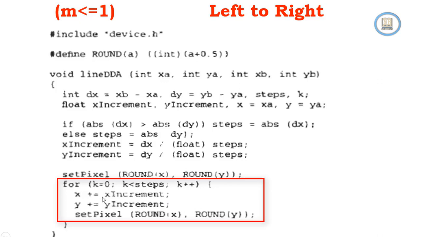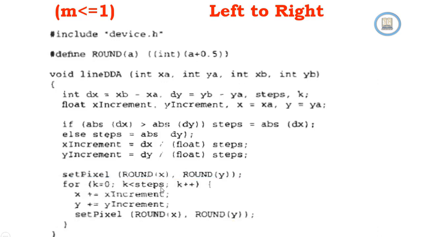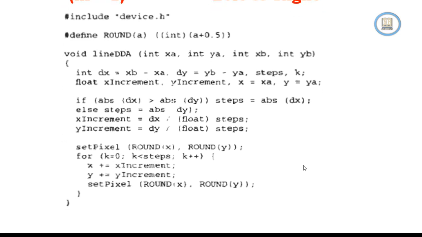After each increment, we need to set the pixel value, that is set pixel round x, round y. This will iterate while k is strictly less than the step. So this is the DDA algorithm. We will solve the problem based upon this DDA algorithm.